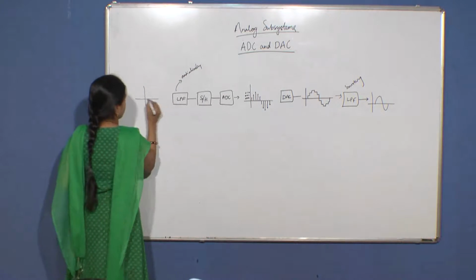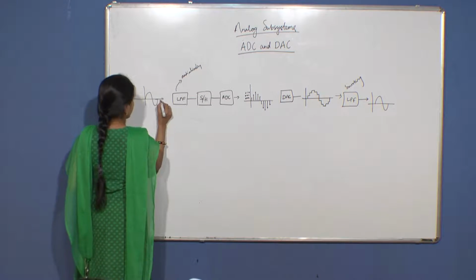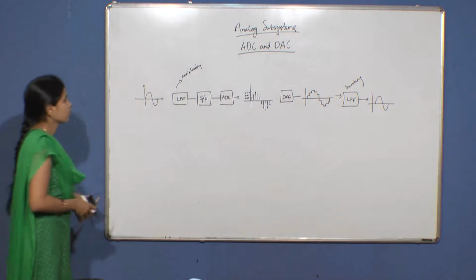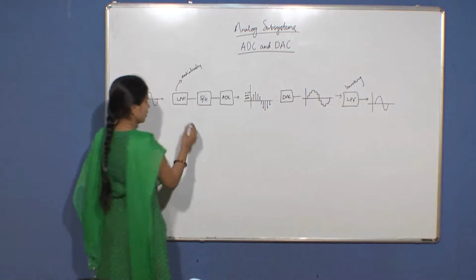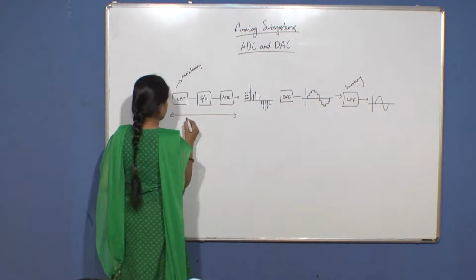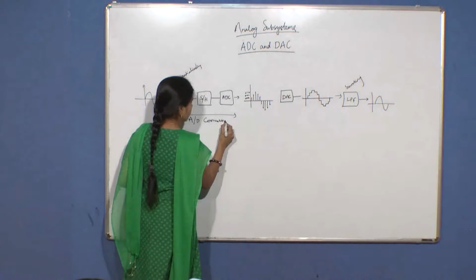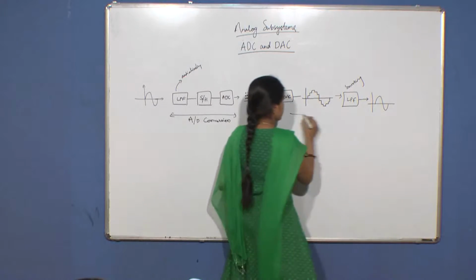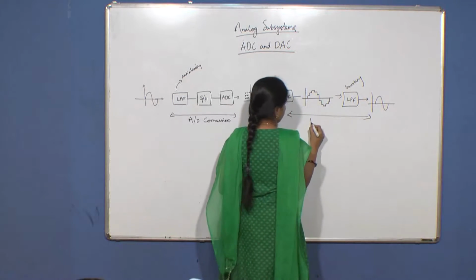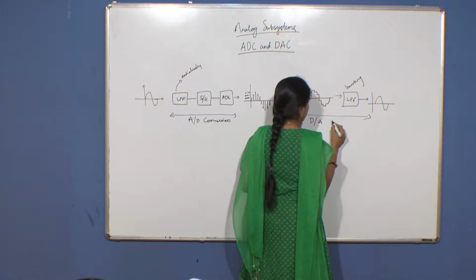This is your analog input. So, now this is actually the A to D conversion, and this is actually the digital to analog conversion.